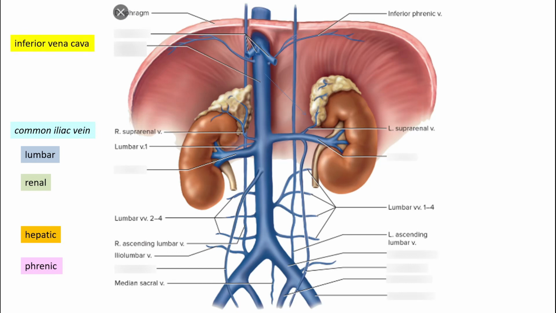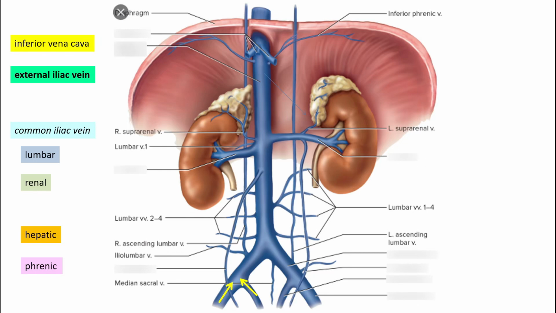Let's start with the inferior vena cava, which is the central large vein bringing venous blood from all parts below the diaphragm. The beginning is the external iliac vein draining the lower limb. Then we have the internal iliac vein draining the organs in the pelvis.